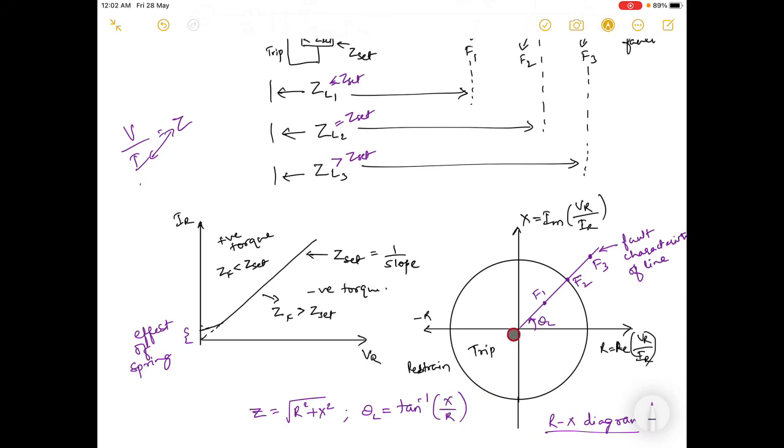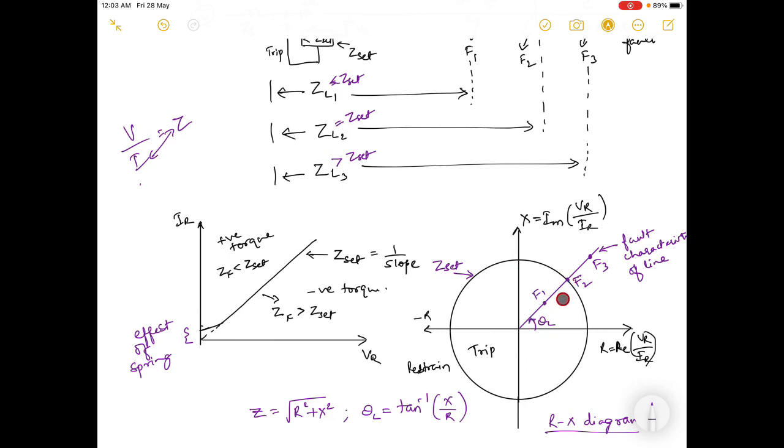Now what is this circle then? It is up to the point where it is set. So this is Z set. Okay, so here impedance is less compared to Z set.